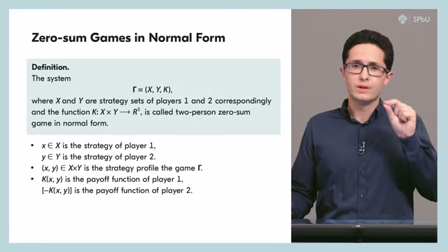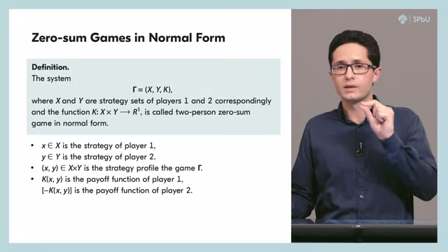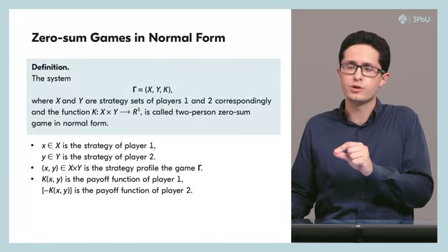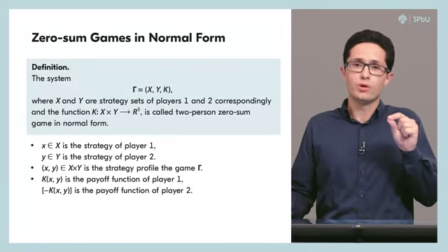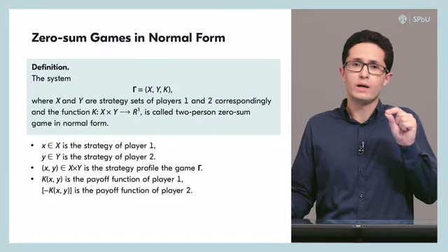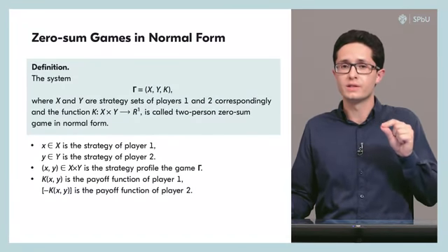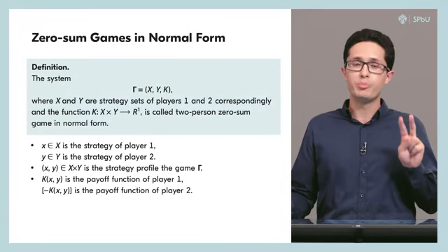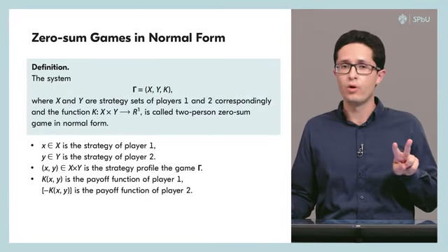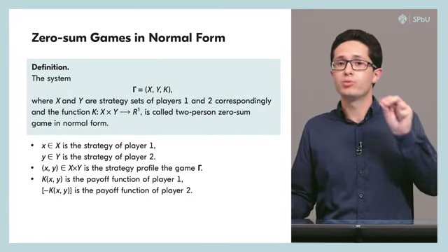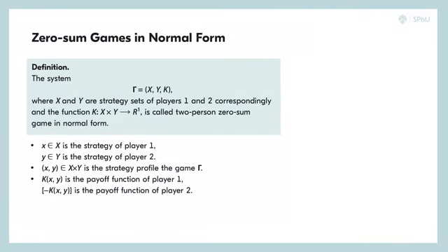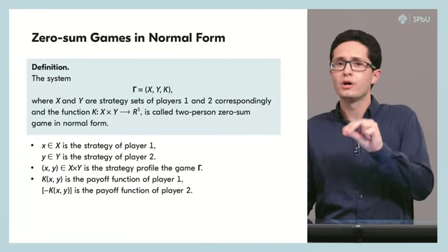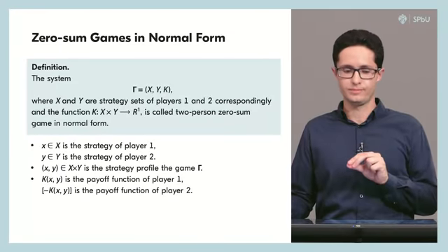We will denote small x from large X as a strategy of player 1, and we will denote small y from large Y as a strategy of player 2. A pair (x, y) is a strategy profile in the game, and K(x, y) is the payoff function of player 1 as a function of a strategy profile.